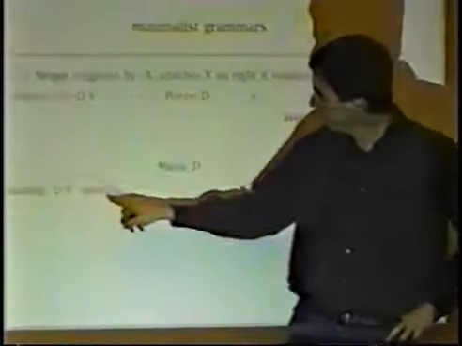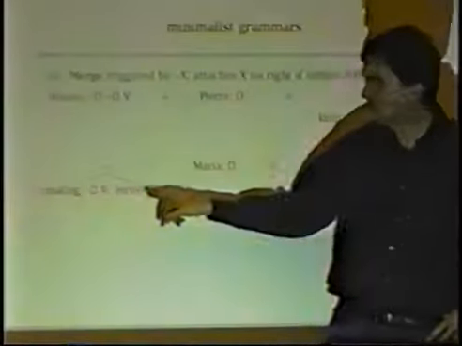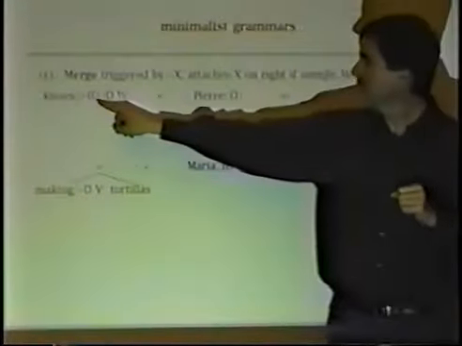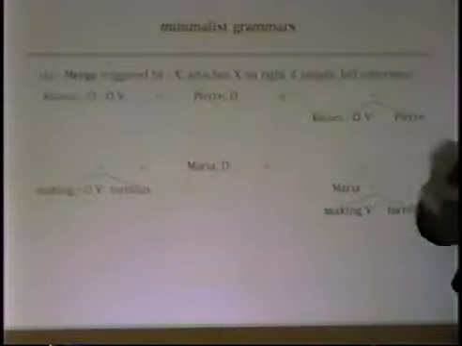I probably should have had this be kisses Pierre. The only reason I put this in red is to draw your attention to it. So what does kisses have? It has three features. I'm drawing your attention to the one that gets checked.